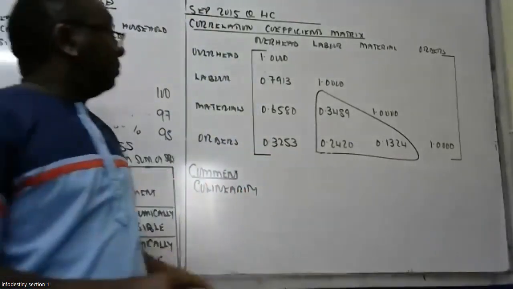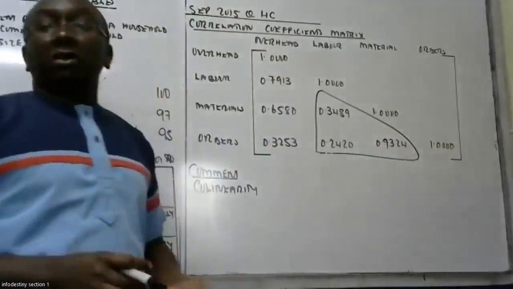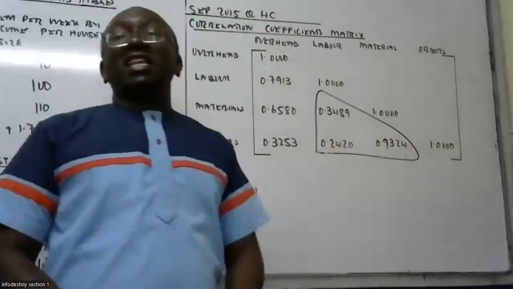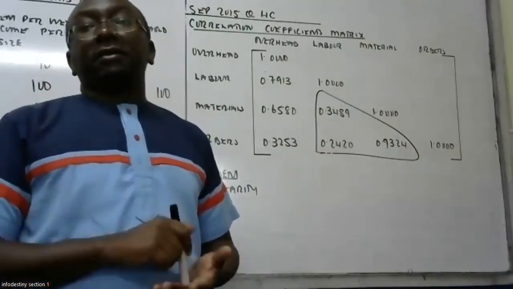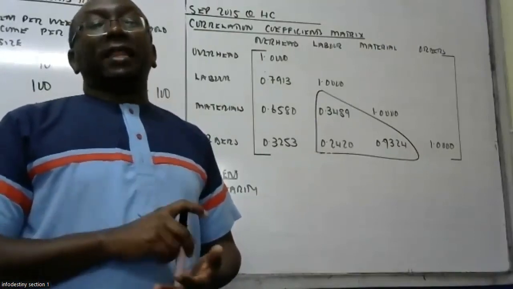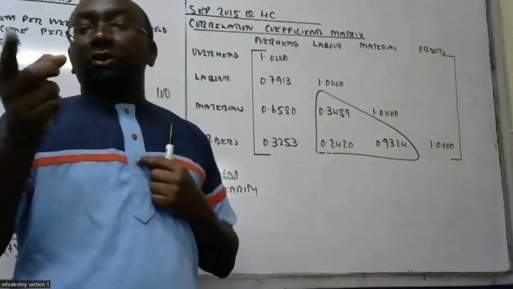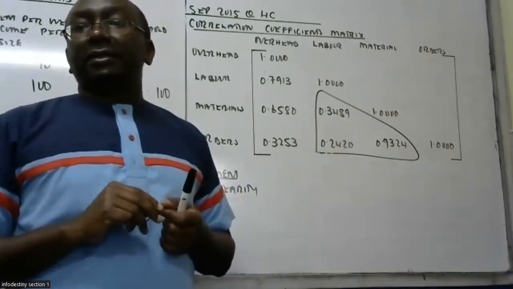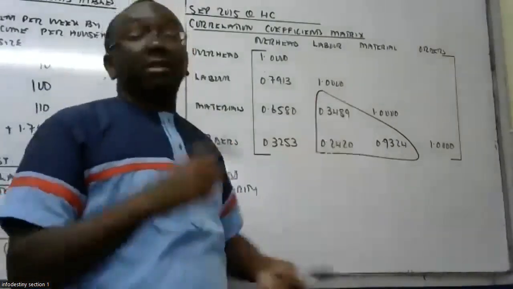But if one of them was something like 0.9, then you take it that material and orders are collinear, meaning they are influencing each other. To influence each other means that what I am doing is what you shall also do. You are not able to act independently. You depend on the orders. Material and orders, one of them is following the other.